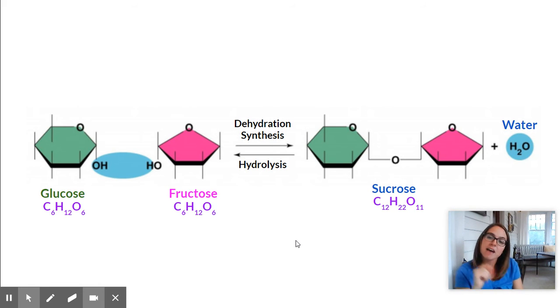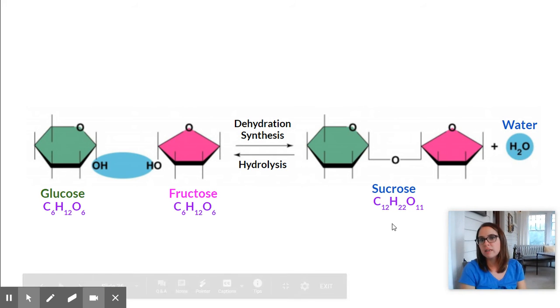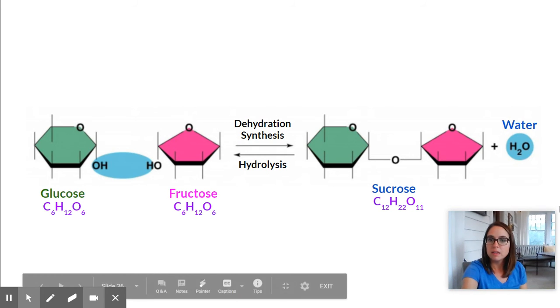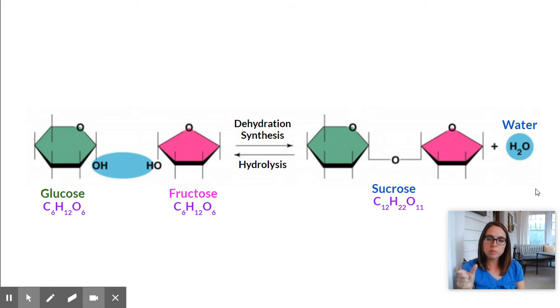But I have to remove a water, 2 H's and an O. So when I remove 2 H's and an O, it becomes then C12H22O11. The other 2 H's and the other O ended up over here. So that's why this formula doesn't exactly match that double rule I gave you, but it's assuming we account for the water molecules when we think about that rule. So there you have it.